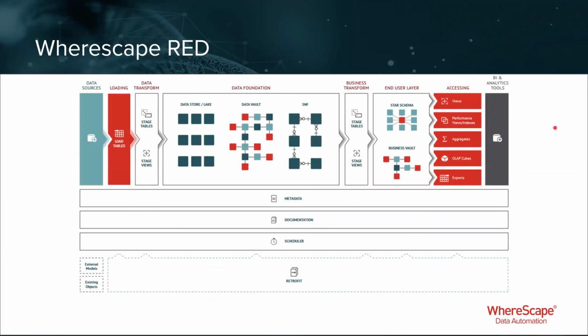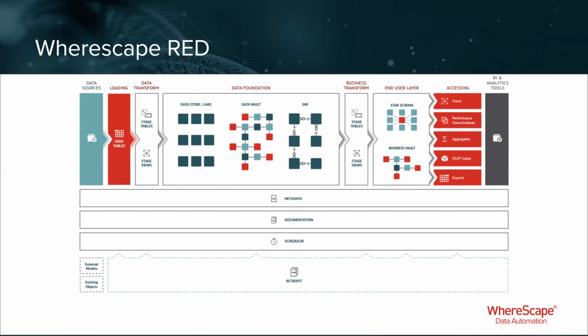So just a brief overview of WhereScape Red, and I like to start with that first because that's basically the engine. It allows you to develop, document, deploy, support, and maintain the entire data platform. And you'll see the three underlying areas across all of the parts are a robust metadata platform, a documentation platform, and then a scheduler. The scheduler is the ability to schedule your updates to your target.